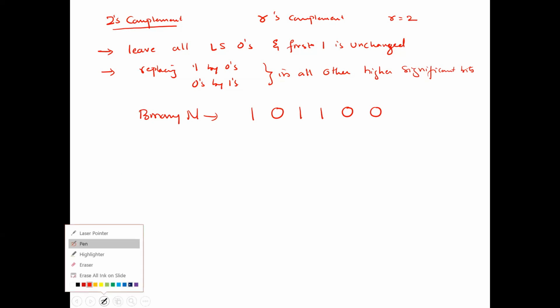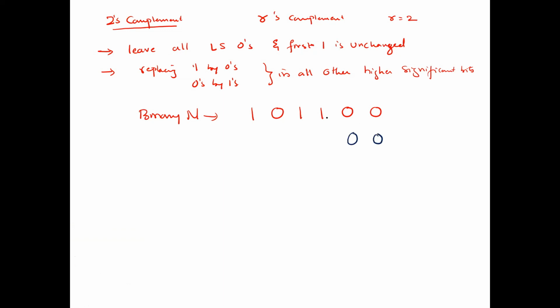The shorthand method says leave all the least significant zeros and the first one unchanged, retain it. And then for the remaining higher significant bits, if it is 1, replace it by 0. If it is 0, replace it by 1. So 1 is replaced with 0, 0 is replaced with 1, 1 is replaced with 0. So this will be the 2's complement of n.